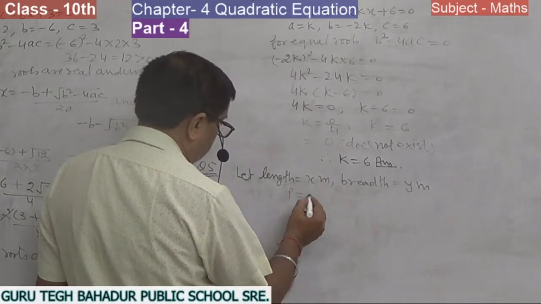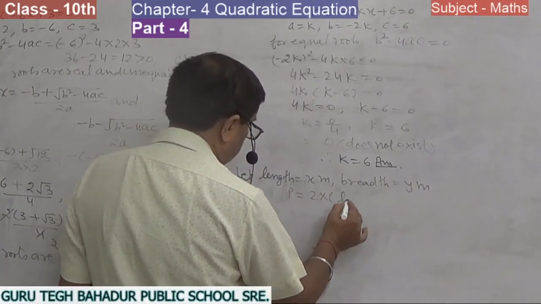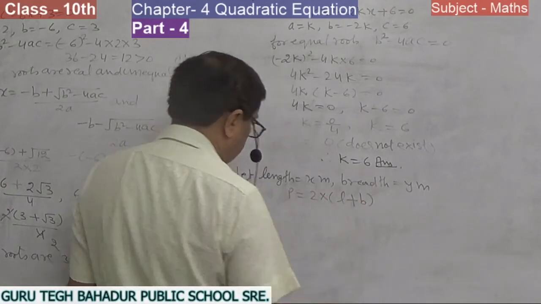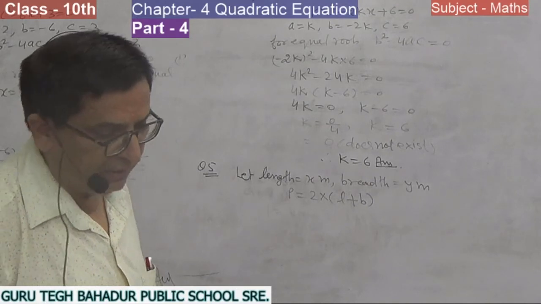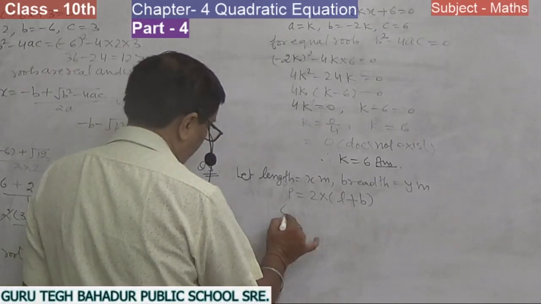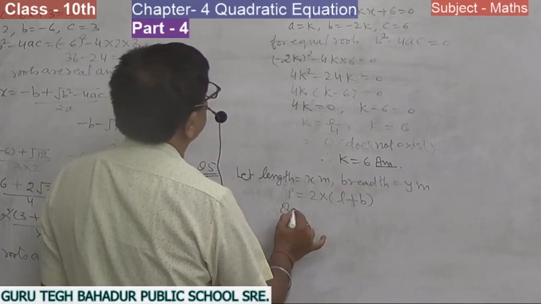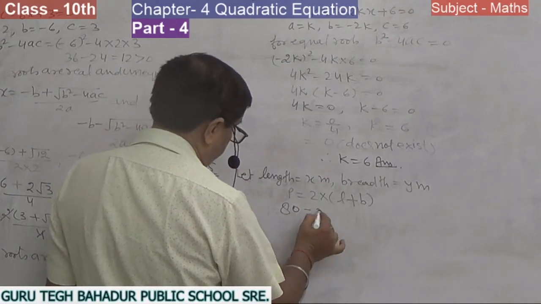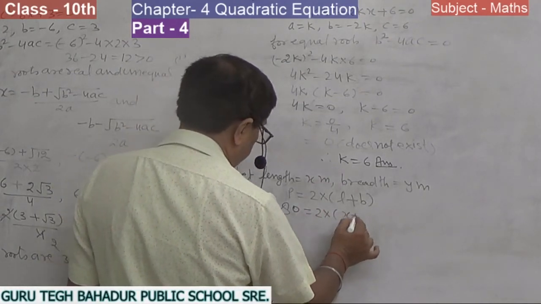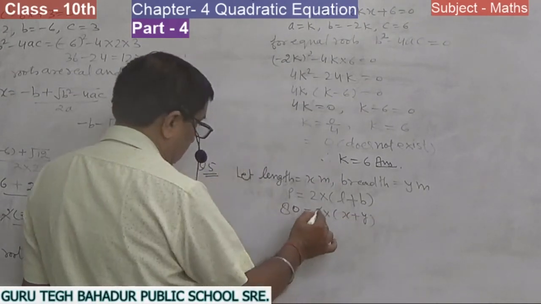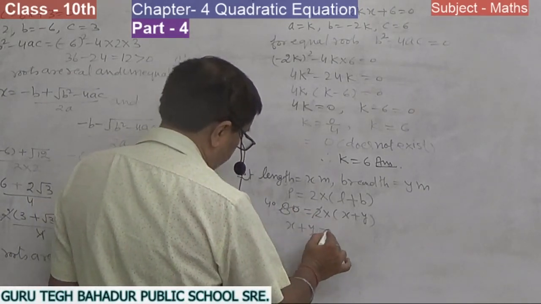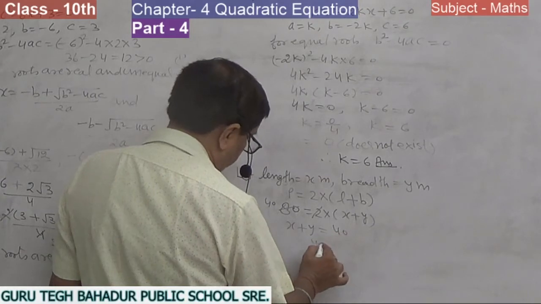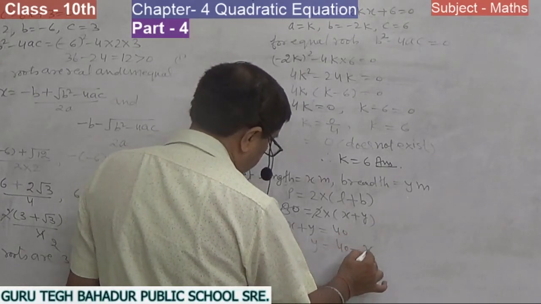Perimeter is 2 into (L plus B). Perimeter is given to you 80 meter. 80 is 2(x plus y), 2 cancel, 40, x plus y is equal to 40, y is equal to 40 minus x.